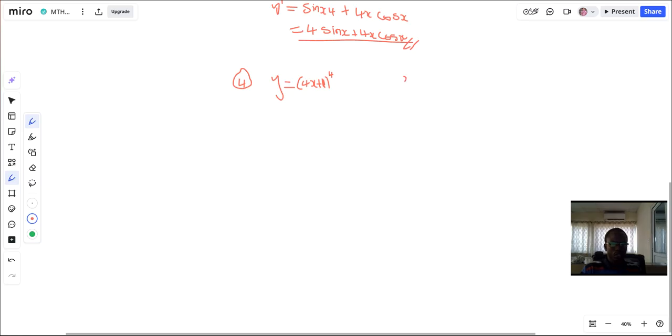It resembles something like x power n, with this as x and this 4 as power n. However, inside the function we have 4x, which is a function itself, and we have 1, which is also a function itself. So here we cannot use the power rule. There is no product rule here. So how are we going to do it? That's where the chain rule comes in.